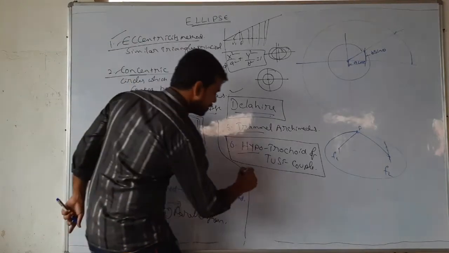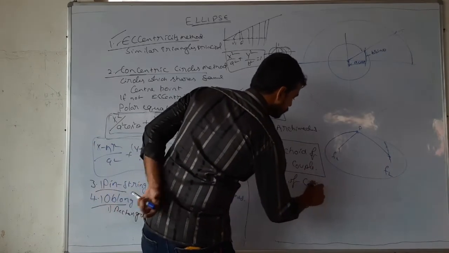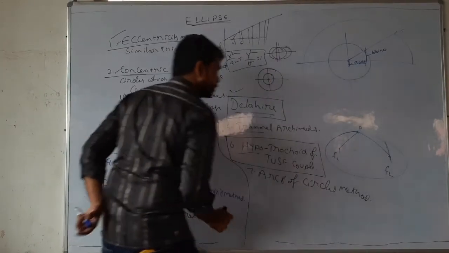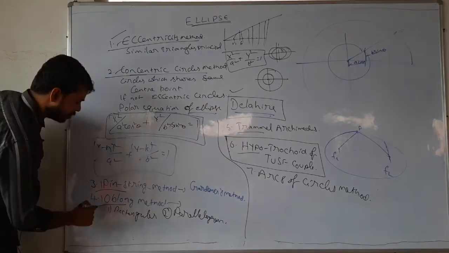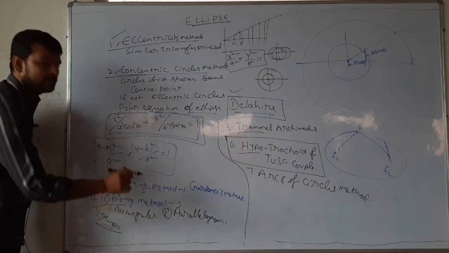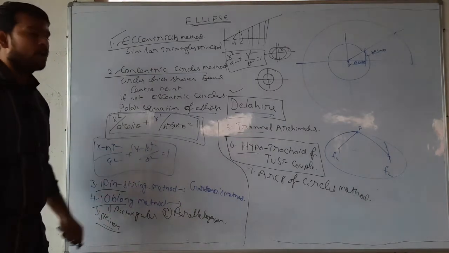The next thing is the arcs of circles method. This method was introduced by Mr. Steiner. This is the oblong method and this is the arcs of circles method.